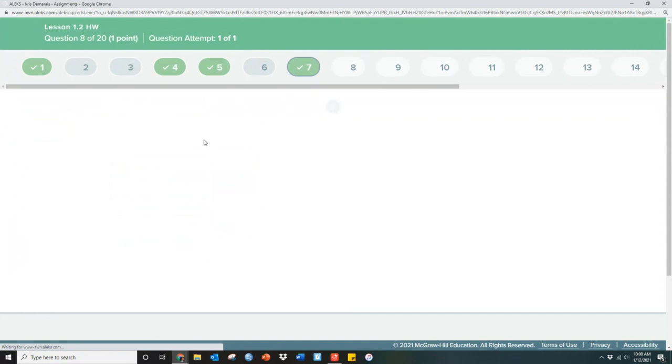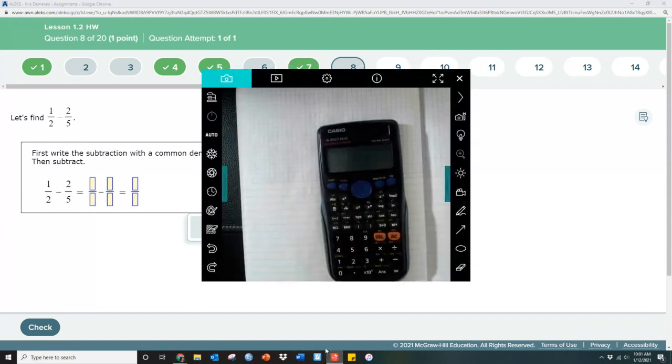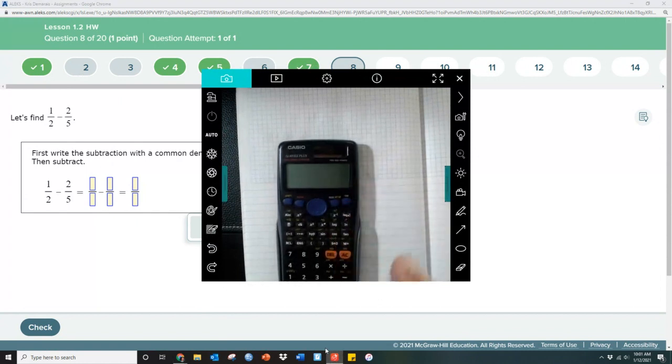But when you have unlike terms or unlike fractions, it gets a little different, like this. So what you have to do is create like terms. And how to do that is by simply asking yourself, what is the LCD between 2 and 5? Now, here's the thing. You can go ahead and use your calculators to do this, by all means, but this is asking us to fill in all the pieces.